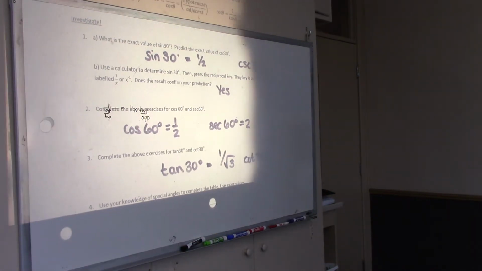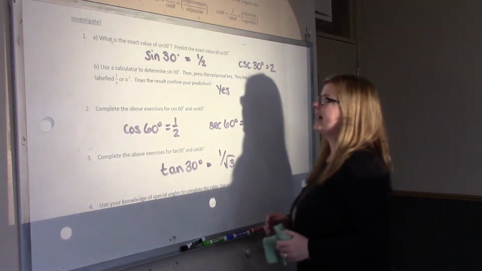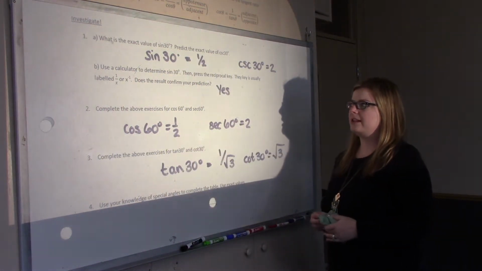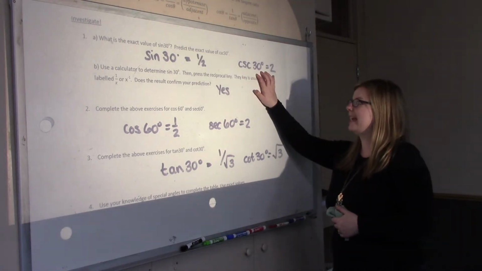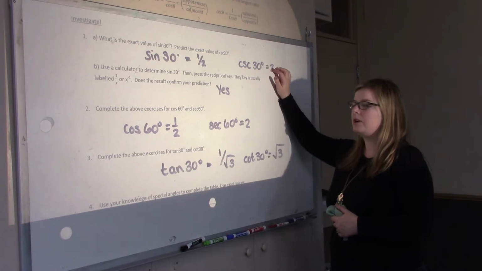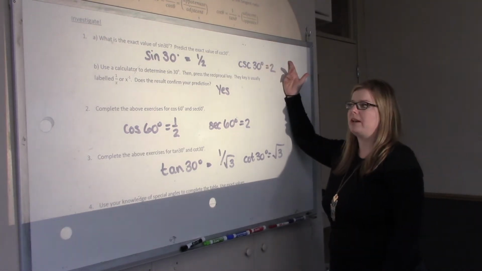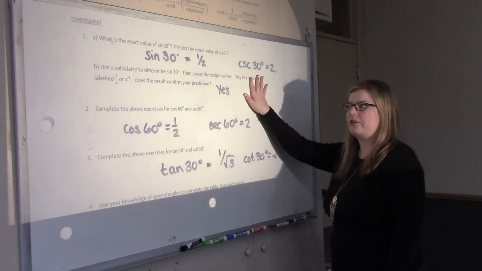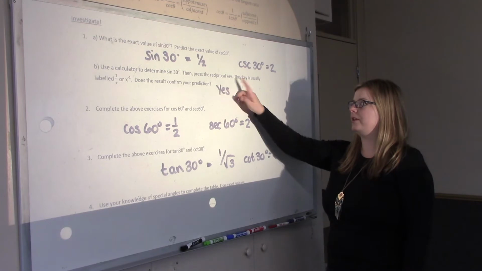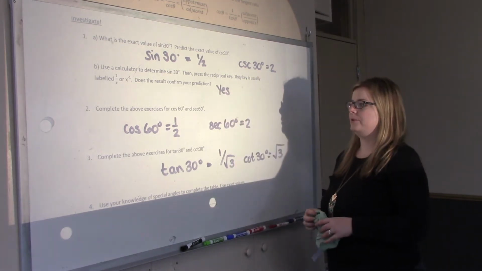Okay. So you should have gotten from last class that the exact value of sine of 30 degrees is 1/2. So that means that you would predict the cosecant of 30 degrees is 2, because 1 over 2, when you flip top and bottom, you get 2 over 1. If you use your calculator, you find sine 30 degrees, and then you press the reciprocal key, and that should confirm that it is in fact 2.